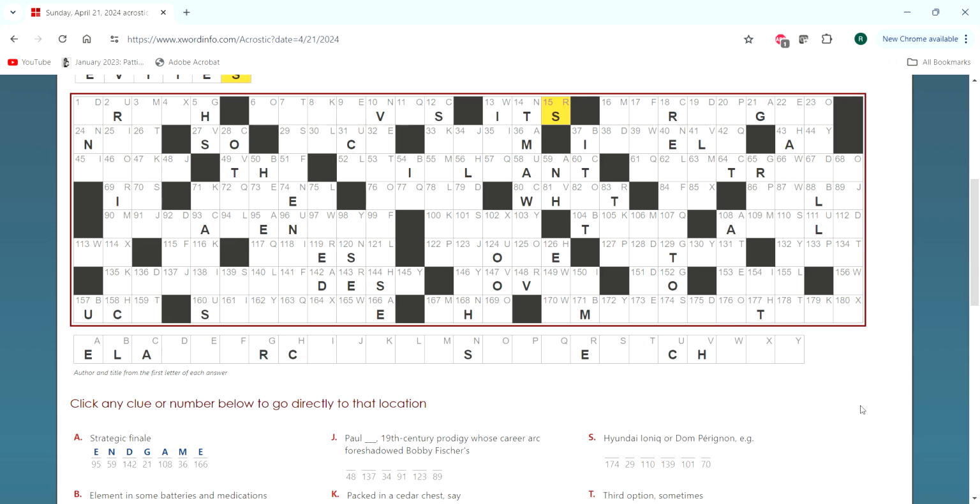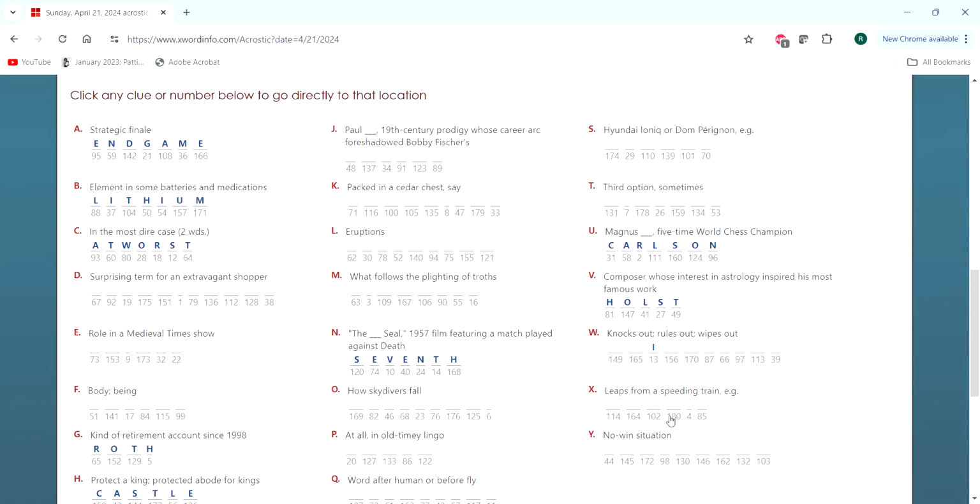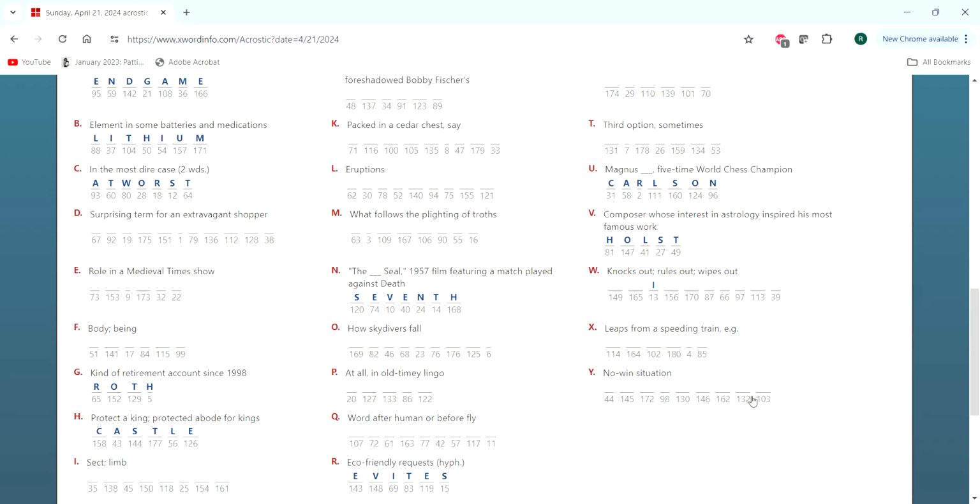So how do you go about solving an acrostic? The first thing you would do is start down here in the clues. And a lot of times you're just taking educated guesses. A lot of it is trivia or historical knowledge or wordplay, the sorts of things that you would see in a crossword.